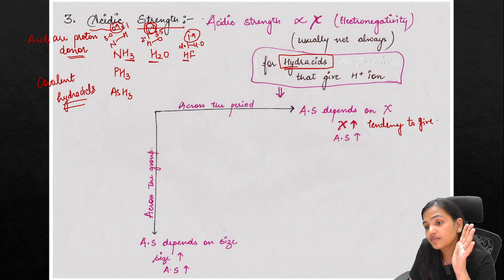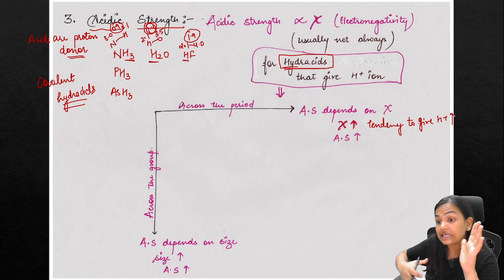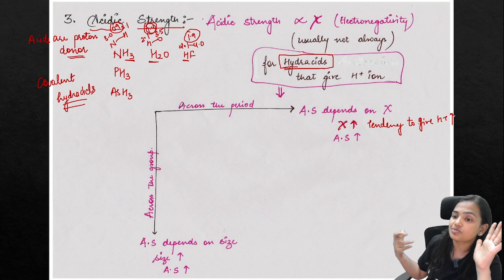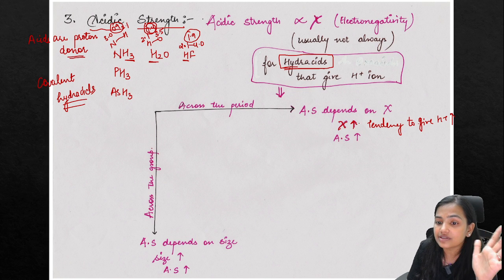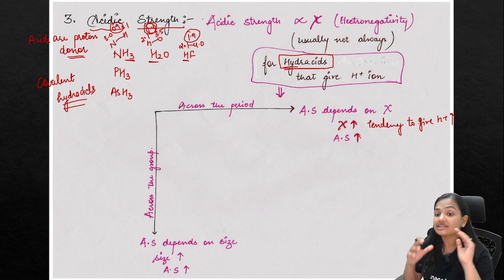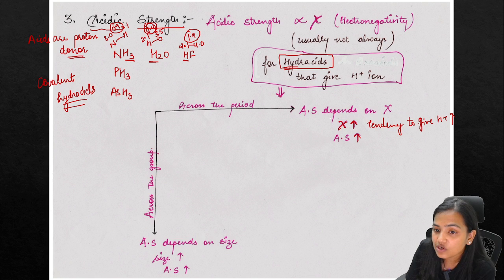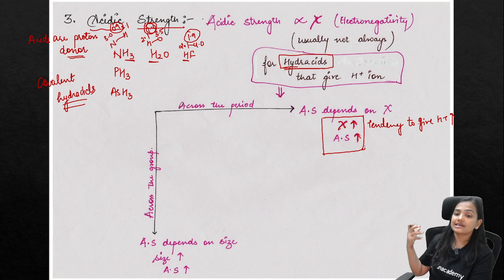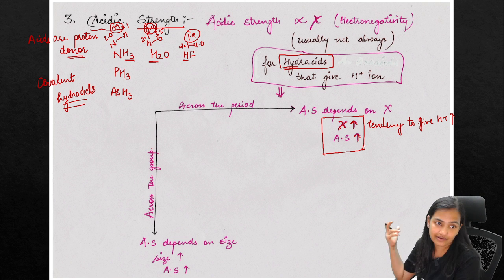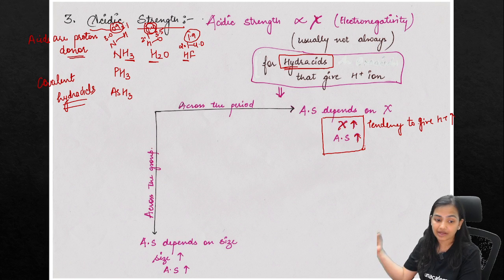The tendency or behavior to give H positive increases, and therefore the acidic strength increases. So ultimately we got a relationship: as the electronegativity increases, the acidic strength increases. So this is what we can apply.